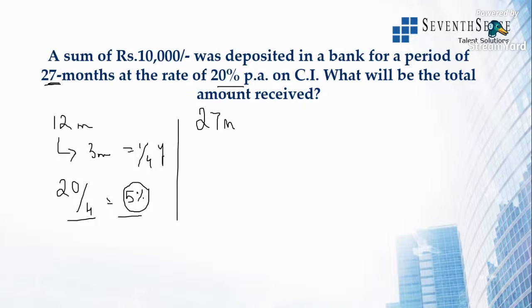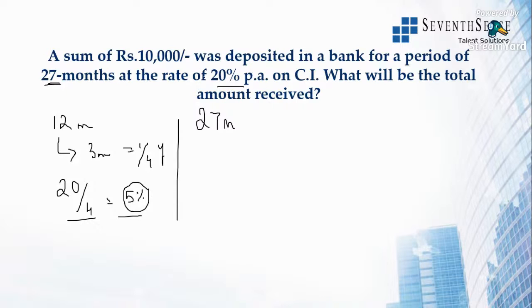So whenever they have not mentioned anything related to per quarter basis or per half yearly basis, or where compound interest is calculated, what you need to do is very, very simple: convert 27 months with respect to per annum and per quarter basis or per half year basis accordingly.